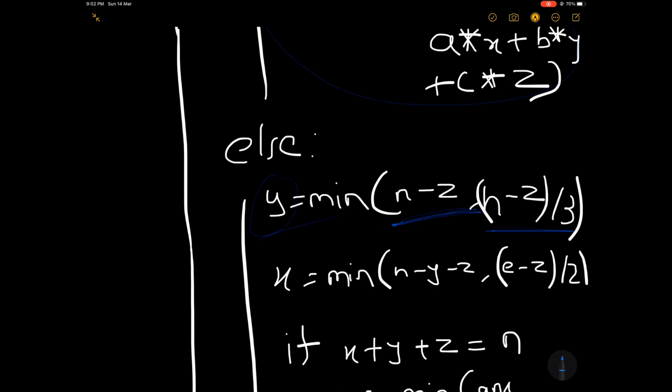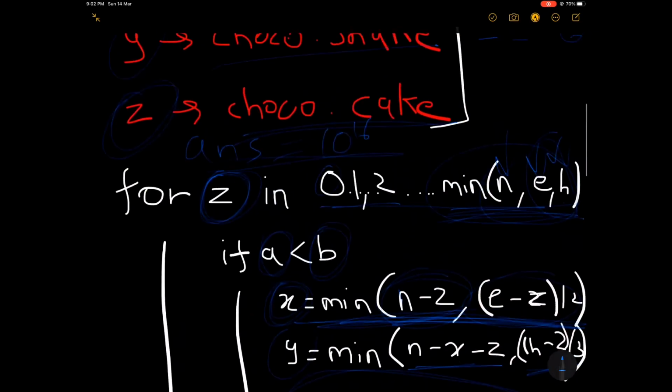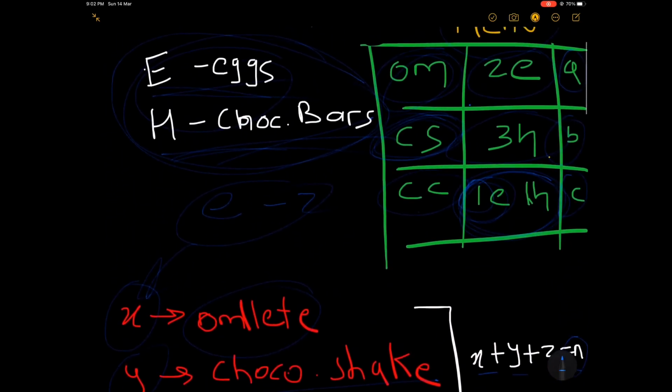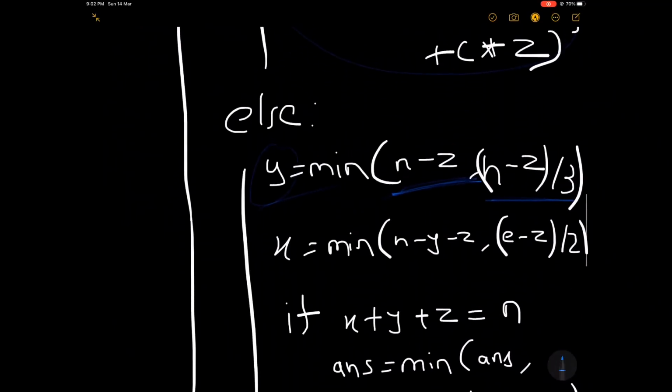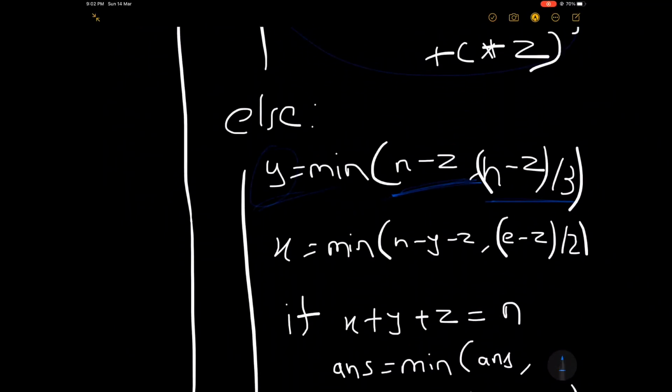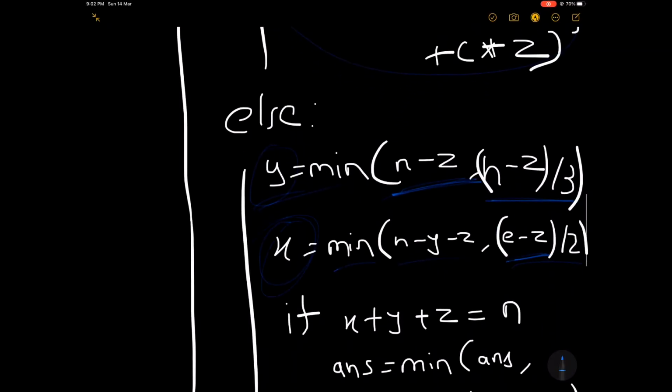For each chocolate shake we require 3 chocobars, so therefore divide by 3. Now after we initialize y, we'll initialize x. It will be equal to the minimum of the total number of students left and the quantity left. The quantity left is e minus z, and an omelette requires 2 eggs, so therefore divide by 2.